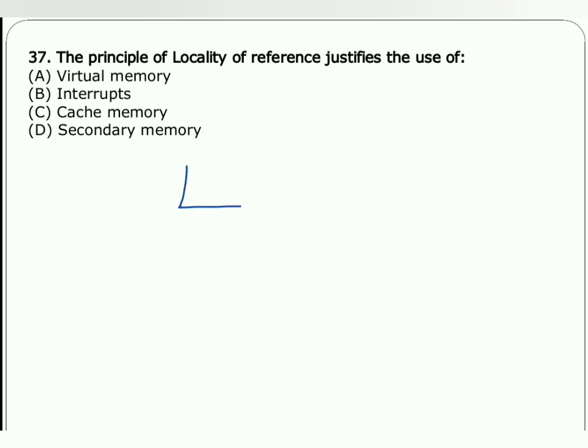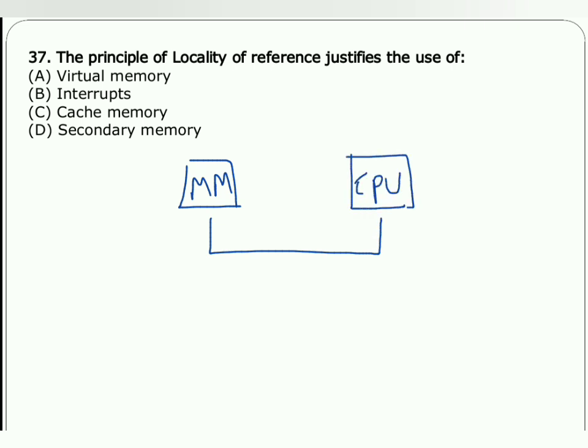So we actually place the cache memory between the main memory and the CPU, right? CPU and main memory. So cache memory is the intermediate between the main memory and the CPU. So why do we use this cache memory here?